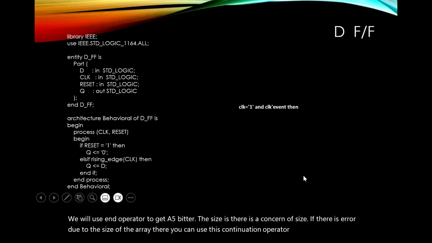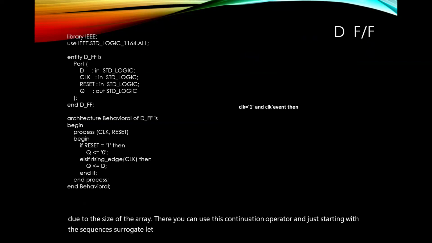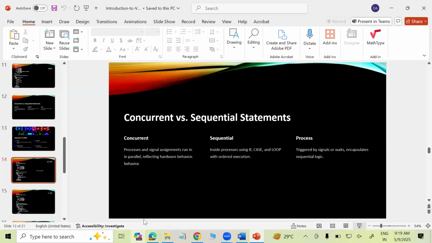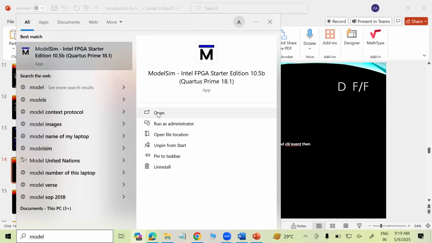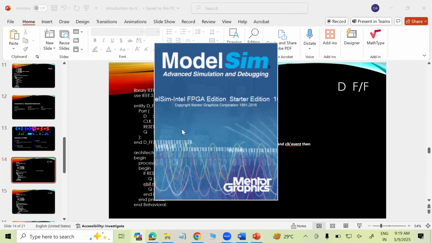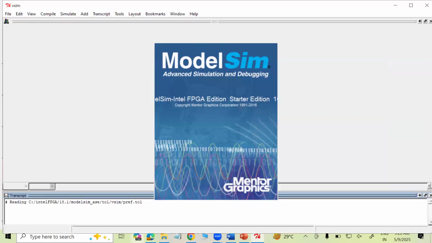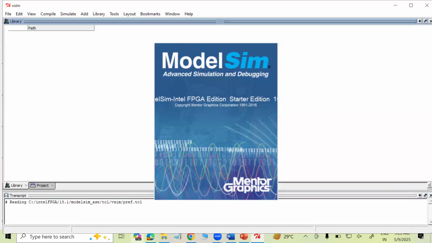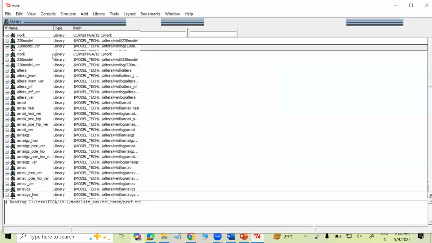And just starting with the sequential circuit, let us form the D flip-flop, how you will code for a D flip-flop. So starting with this, let us start ModelSim. See, ModelSim is used for coding purposes only. For implementation purposes, I will show you maybe today the Xilinx portion, how you will implement the circuit on Xilinx.